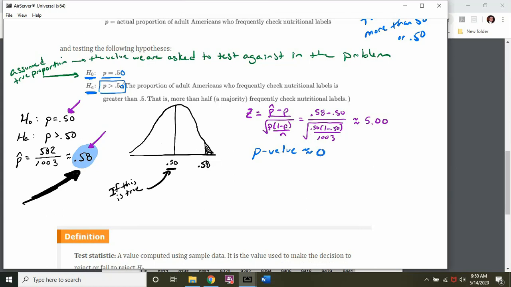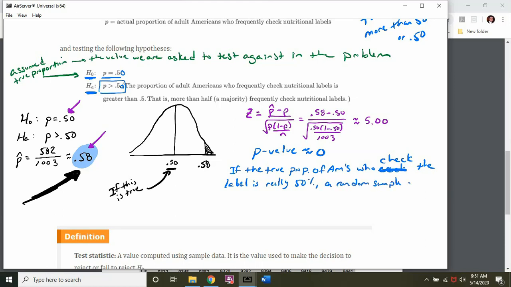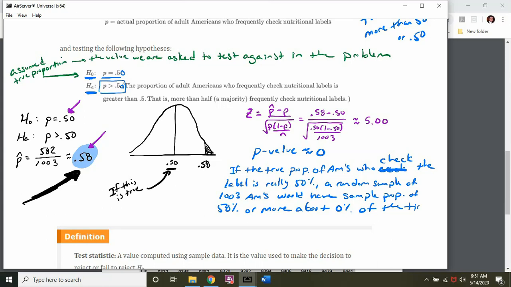Okay, so here's where we put it all together. If the true proportion of Americans who check the label is really 50%, a random sample of 1,003 Americans would have a sample proportion of 58% or more about 0% of the time.